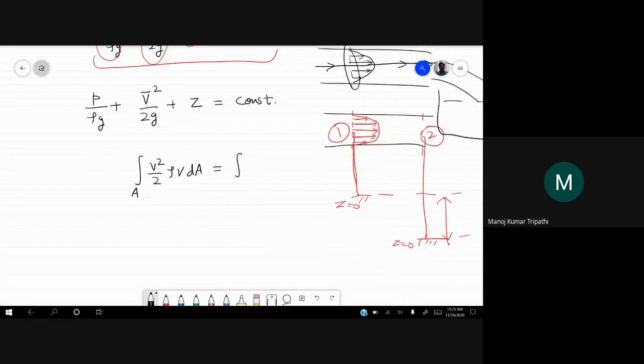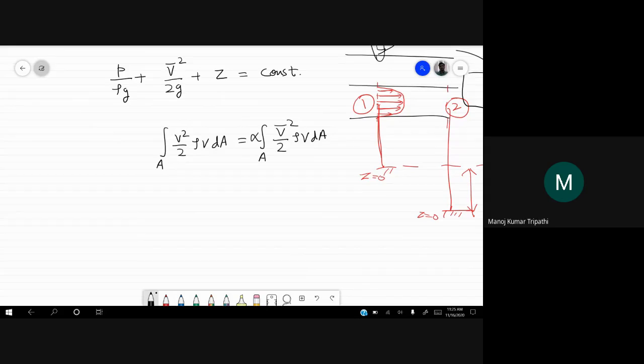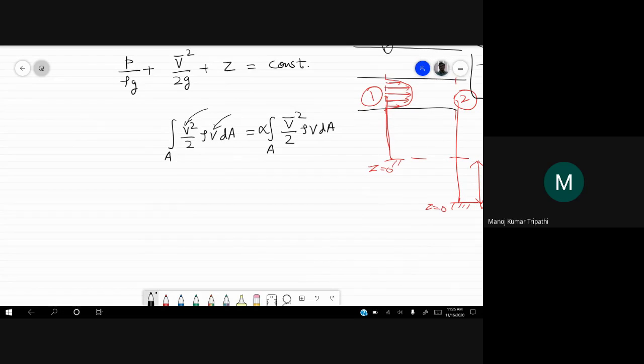And this, if you want to equate with something that is in terms of the average velocity, V bar square and rho V dA over the entire cross section A, and you put some constant here, alpha, for a particular kind of pipe, then because you know the form of this velocity, we have already derived the velocity profile, you can substitute it here in place of V, and what you will get is, for laminar flow and for a circular pipe, alpha is equal to 2.